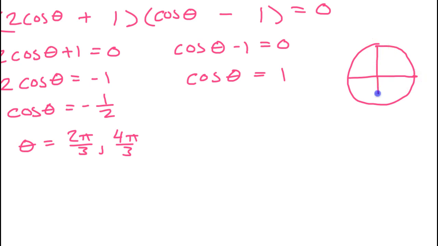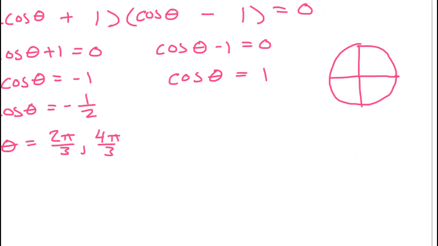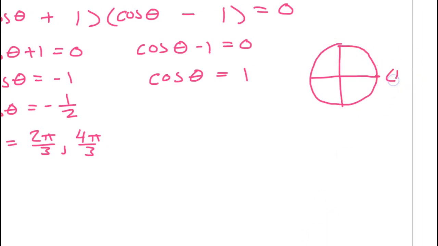And I know that if I look at the quadrants, over here I have 1 comma 0, and up here 0 comma 1. On the left is negative 1 comma 0, and at the bottom is 0 comma negative 1. On the unit circle, cosine is an x value, so that's why I'm only going to be looking at these numbers.